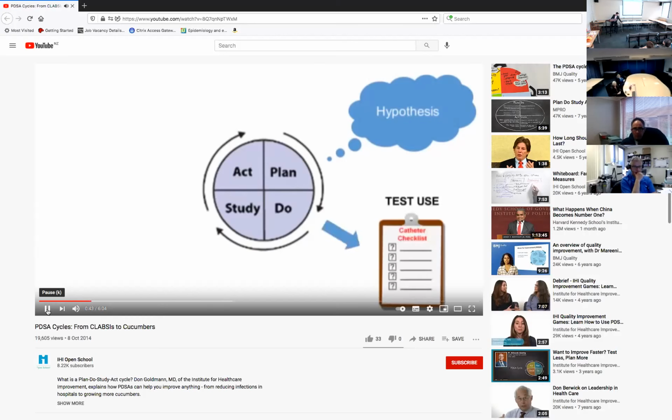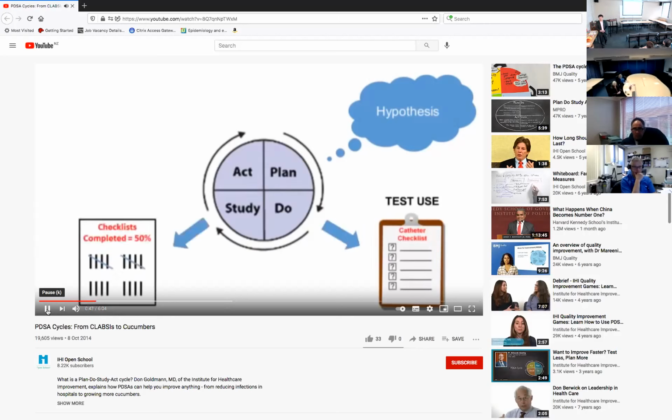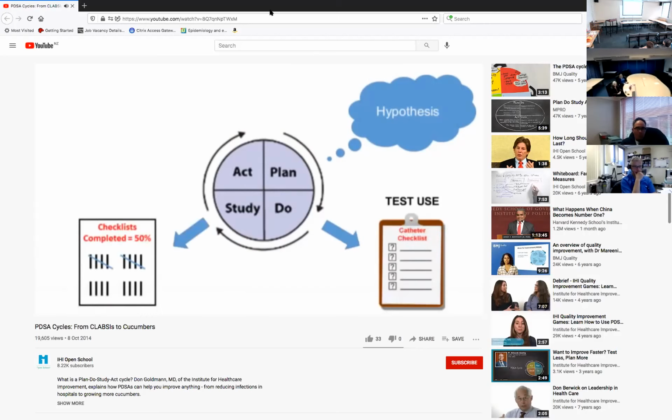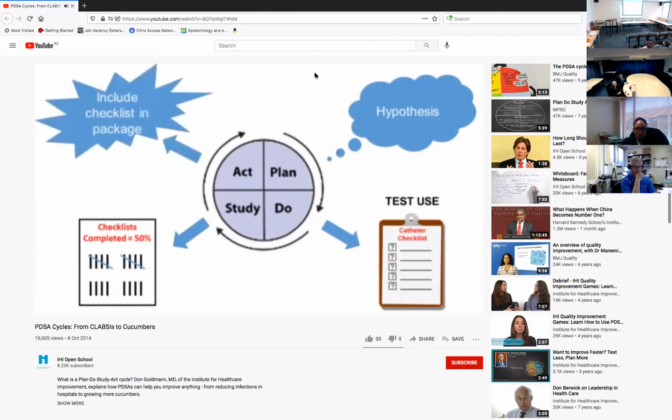That's where the do comes in. We run the experiment and then we study, that's the S. We see whether or not our prediction was in fact verified when we acted on our plan. Based on what we find, on the data we get from the PDS, we then revise our plan if necessary and act to change our plan and have another hypothesis and run another experiment.